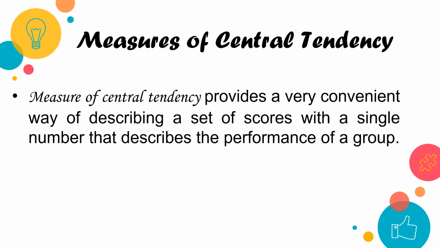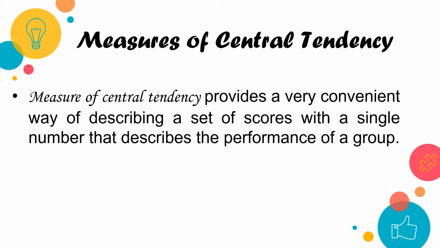Next, measures of central tendency provide a very convenient way of describing a set of scores with a single number that describes the performance of a group. For example, we have 10 items, and you have 20 students perhaps, and based on your computation, you have 5.